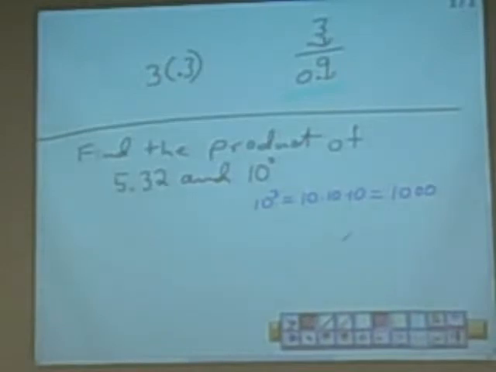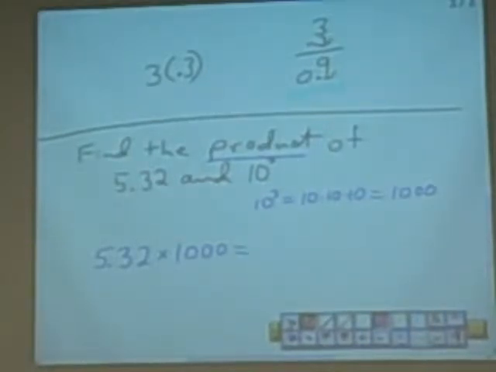So what we're doing here is, product means what? Multiply, right? We're multiplying 5.32 times, and whether you put, oops, that's 10,000. Whether you put parentheses, or a dot, or a multiplication X, that doesn't matter. You can do either thing here.